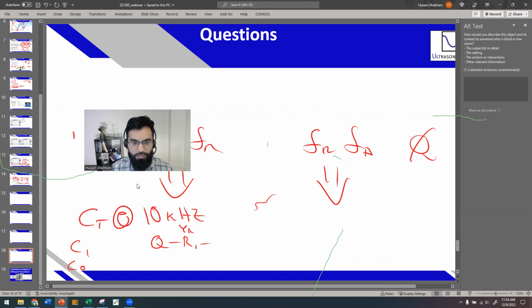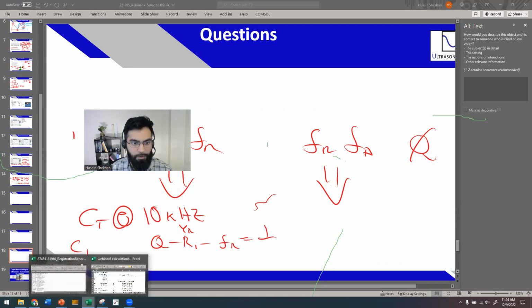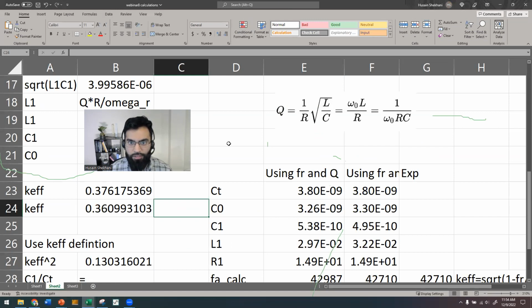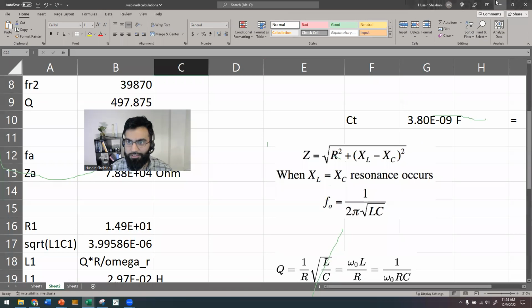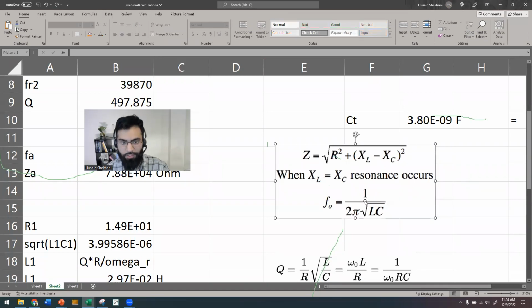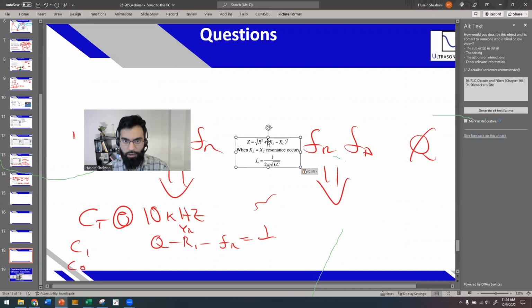Then I use the definition of the resonant frequency. A resonant frequency equals 1 over, I just forget these equations. Probably the engineers of the past never forgot an equation in their life. It may not be one of those. Yeah, it's this one. So I use this equation then to calculate.